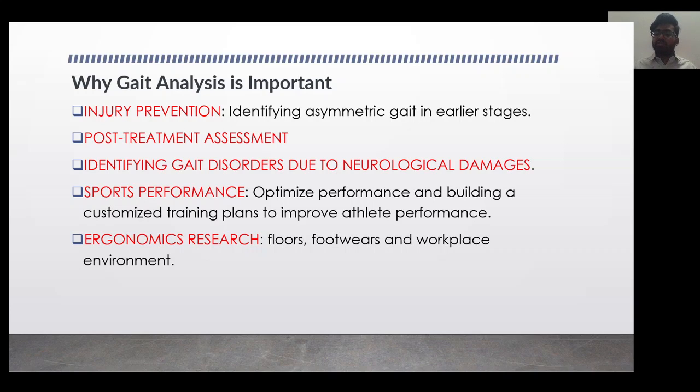Take a sprinter, for example. We are able to analyze his gait pattern. How fast is he able to move? What is his body orientation? We are able to study that and implement it in another athlete. So we can see the differences and improve athletic performance. This is another important aspect of gait analysis.